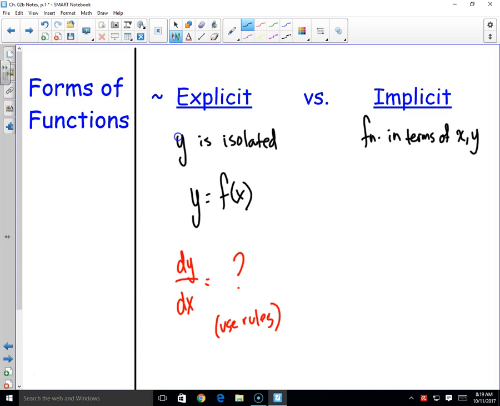What's different when we have implicit is that we have a function in terms of x and y. What does that mean? Well, there's x's and y's in the function itself. Y is not isolated. You guys saw that yesterday. So if y is not isolated, it's kind of hard to show this generally, so I'll just try to give you the main idea.